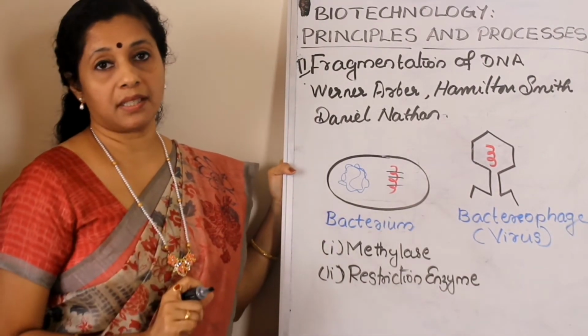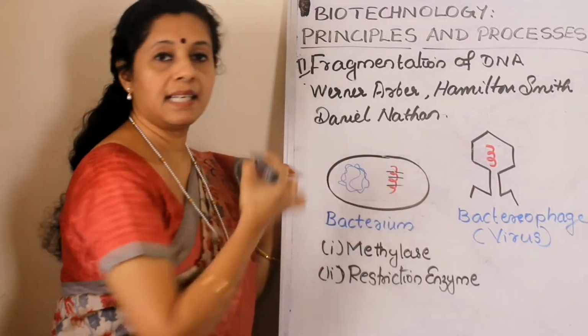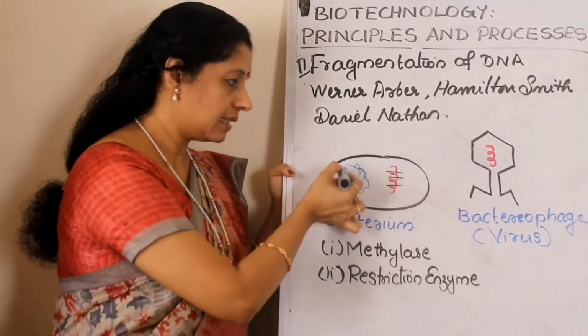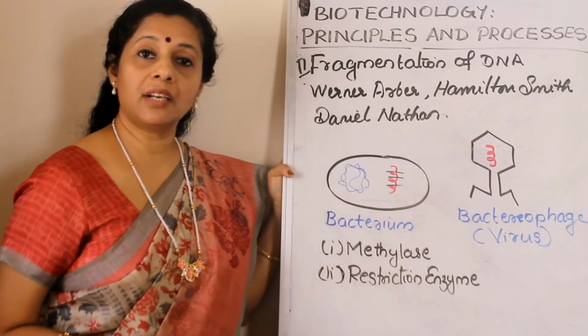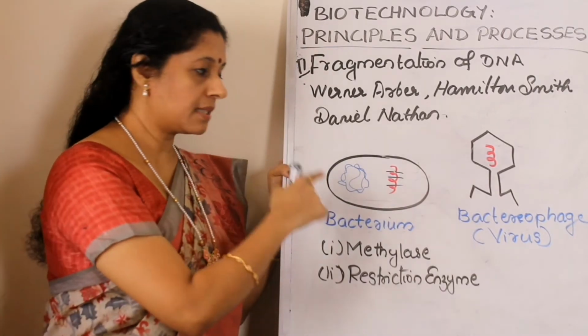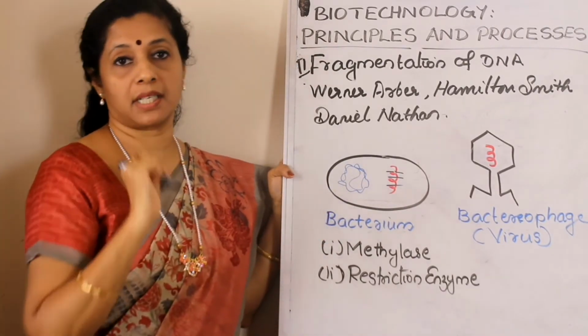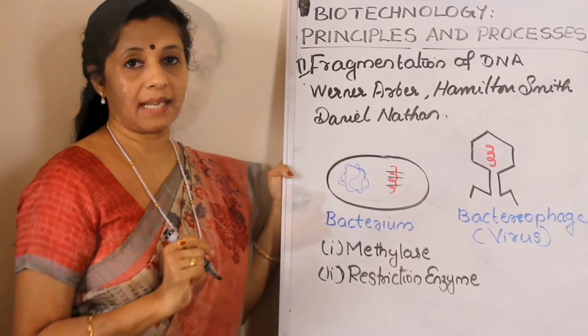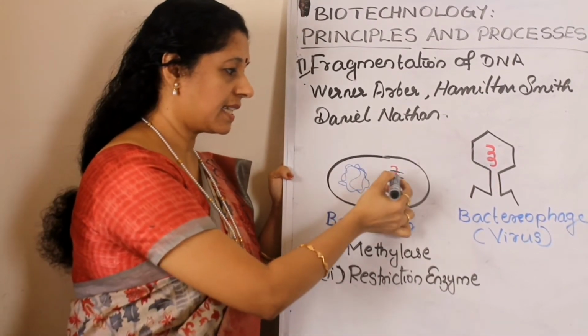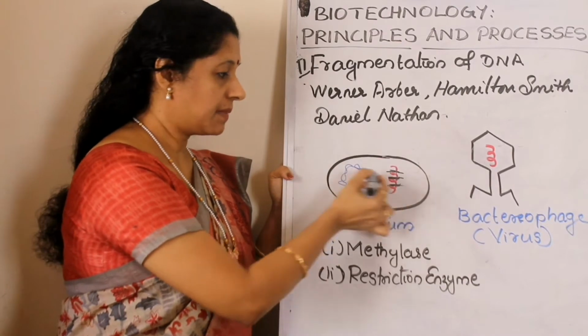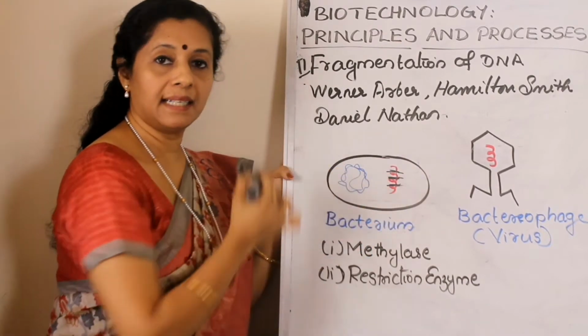But the problem here is, when it is cutting this DNA, won't it cut the bacterial genetic DNA also? So, this self DNA should be protected. For that they have a mechanism. Whichever sequences the restriction enzyme is cutting here, the same sequences may be present in the bacterial DNA.